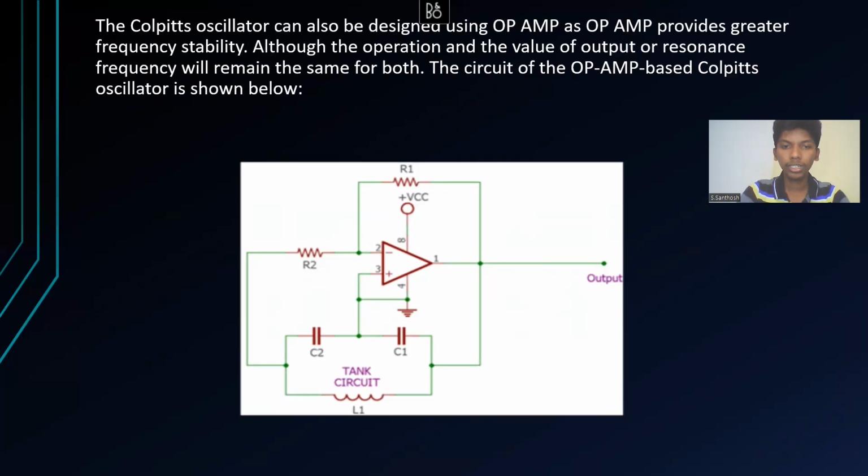So here you can see that we have an op amp in place of the BJT or FET, where you have a VCC connection, a ground, and a tank circuit. Feedback is also given over here. That is given to the inverting terminal, and an output can be collected or read on the other side.